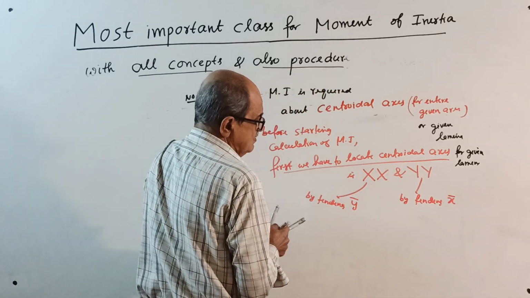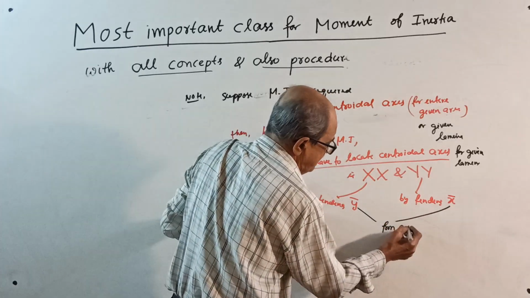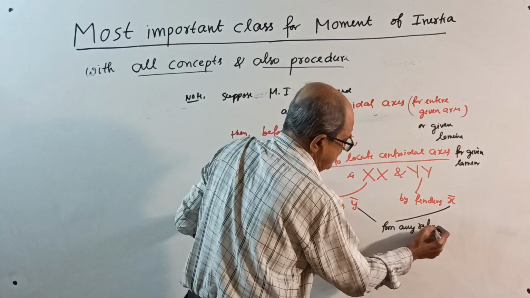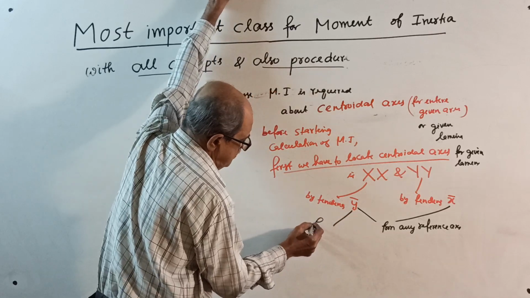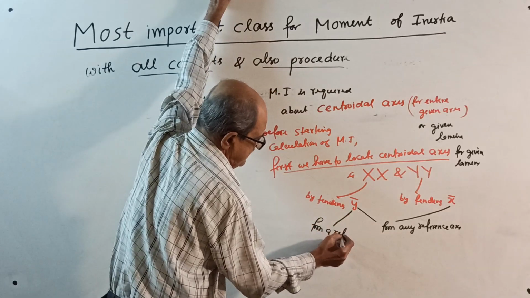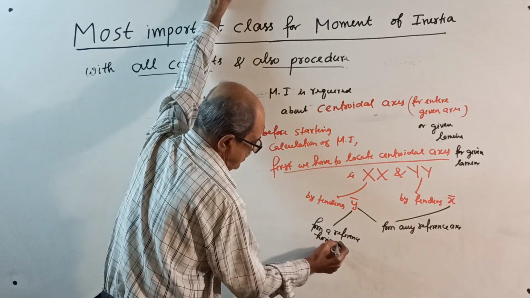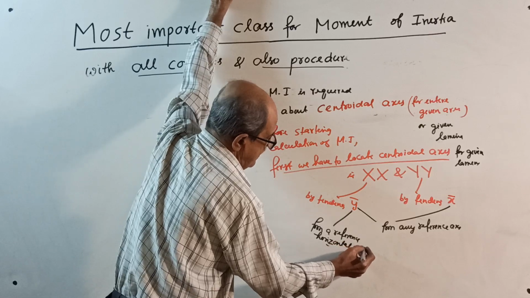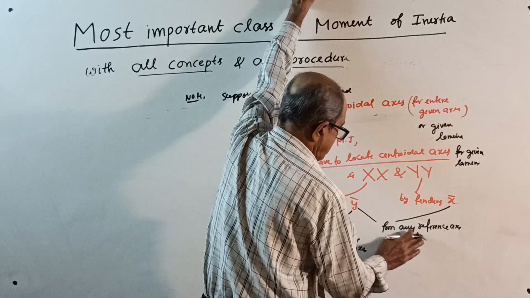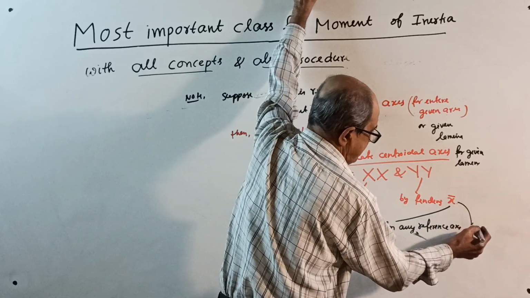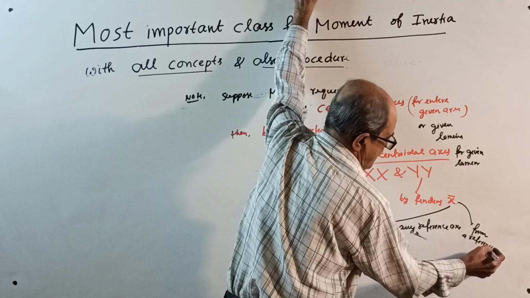X bar and Y bar from where? These two are from any reference axis. Y bar is from a reference horizontal axis, and X bar is from a reference vertical axis.